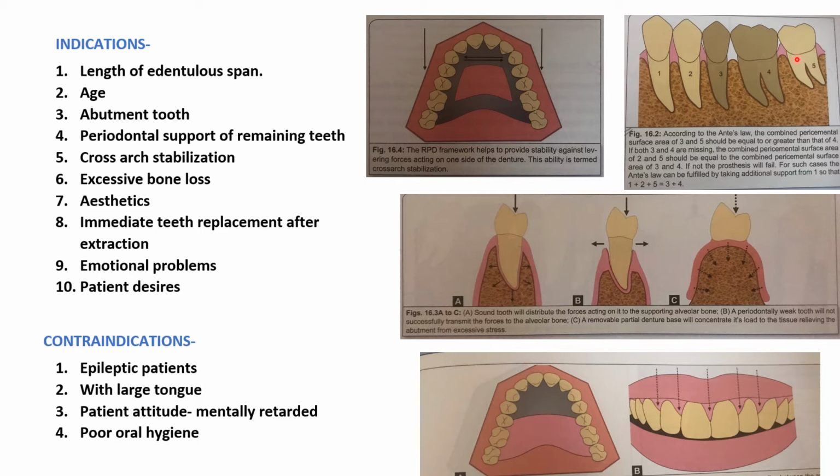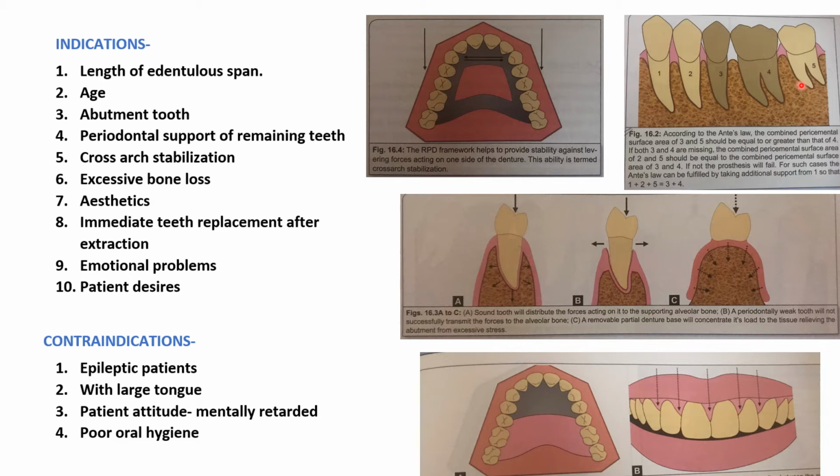When there is no tooth posterior to the edentulous space to act as an abutment, a removable partial denture is preferred. There is an exception, that is the cantilever fixed partial denture.